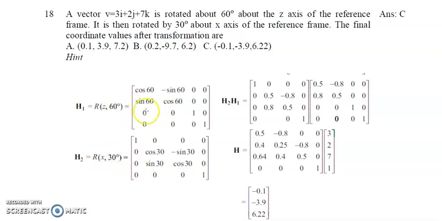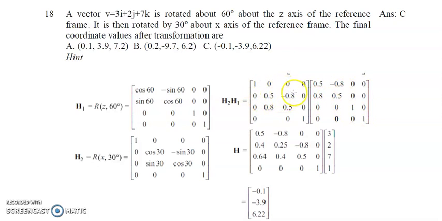So we are having two rotations. The first rotation occurs at 60 degrees and the second rotation occurs at 30 degrees about the x axis. So we have to make a concatenated matrix, H2 H1. Whichever happens first should be kept at the right, and whichever happens second should be kept at the left.